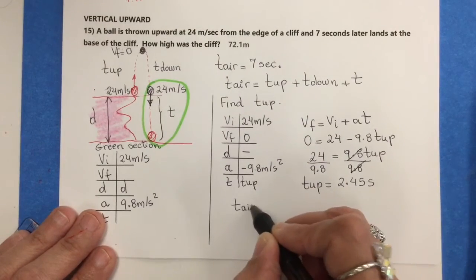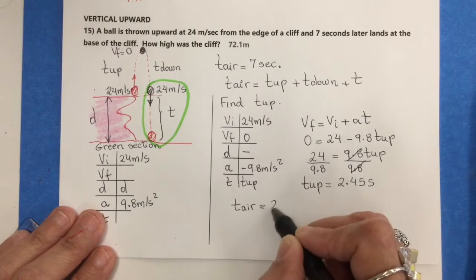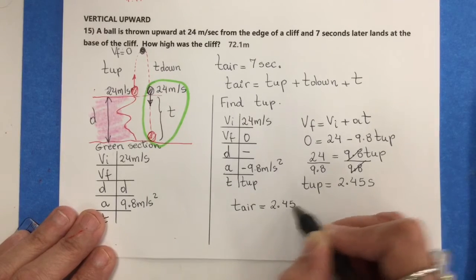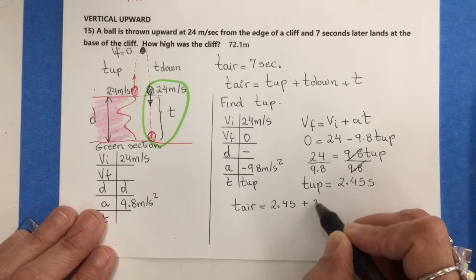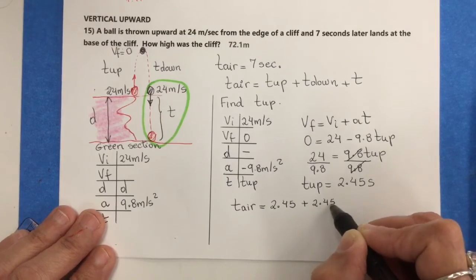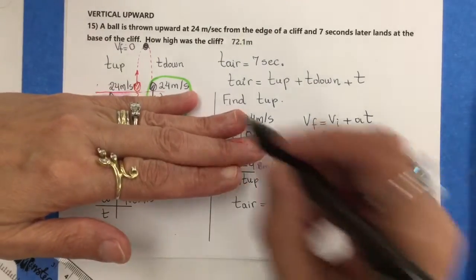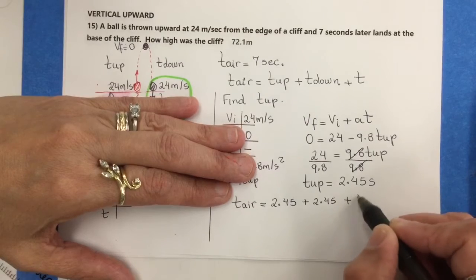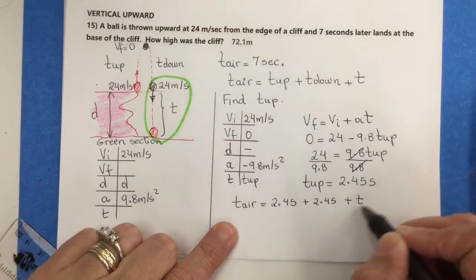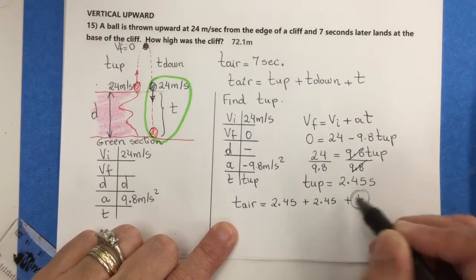Time in the air is equal to time up, which is 2.45, time down is also 2.45, time down is up to here, and plus T. That's why we need to look while we are searching.